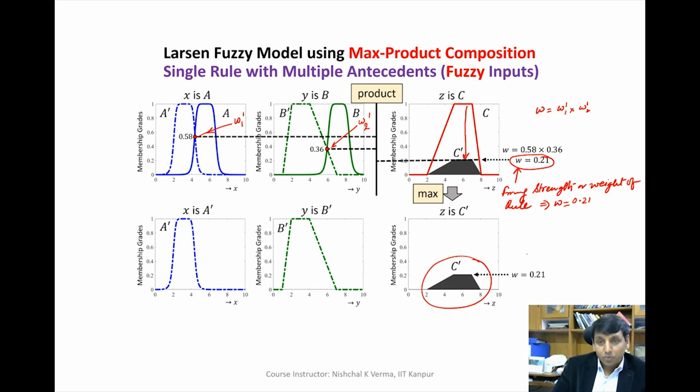Because we have a single rule, max doesn't make any difference. Max of this will remain the same. So here we are getting this as the fuzzy output corresponding to the fuzzy inputs.